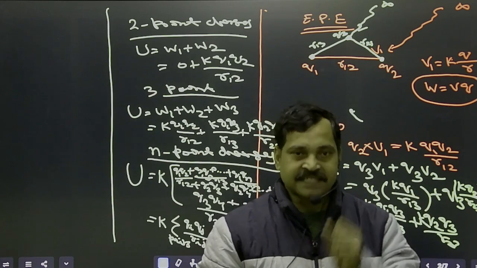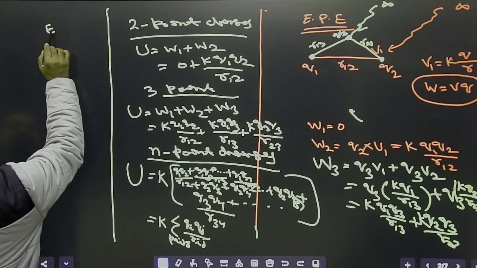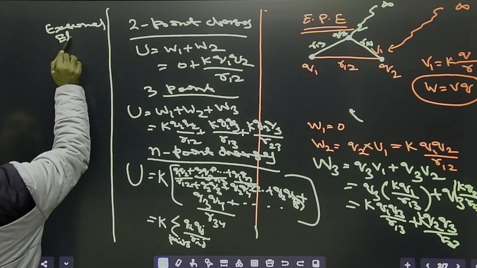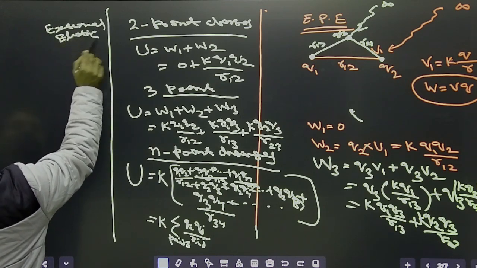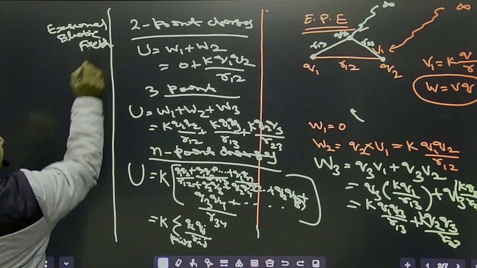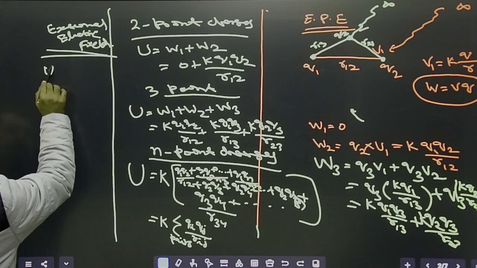So if there is an external electric field present, then the potential energy U will be modified.